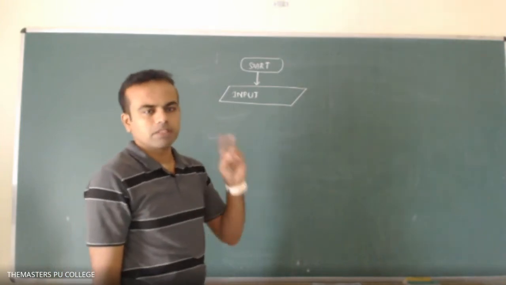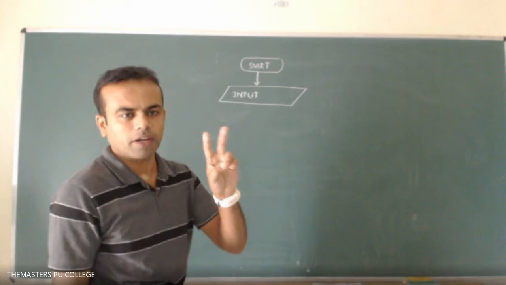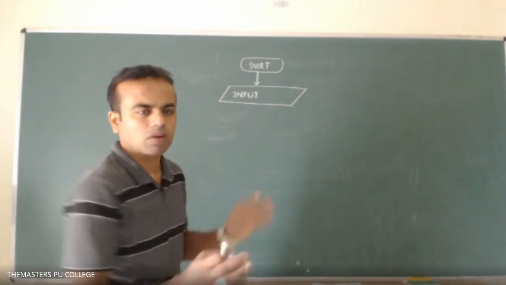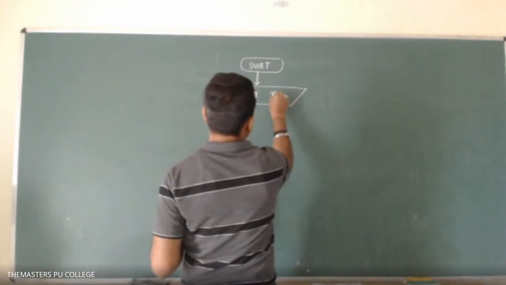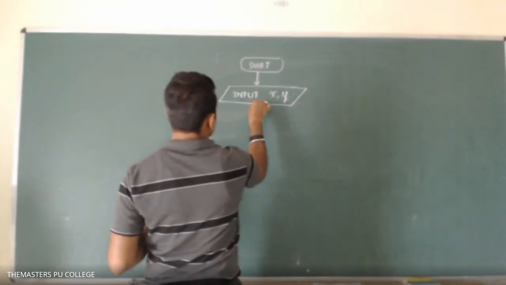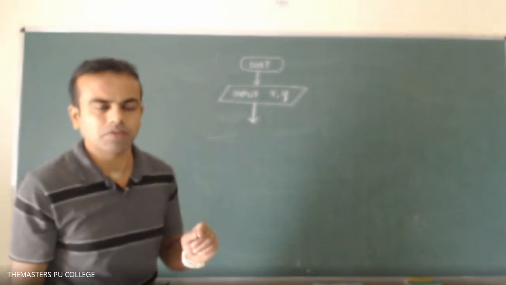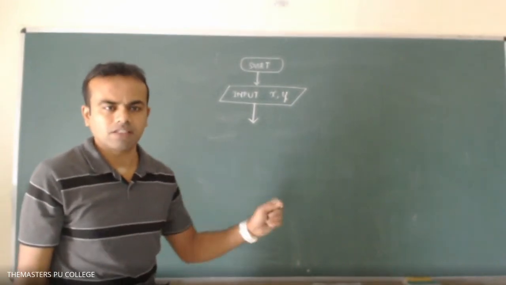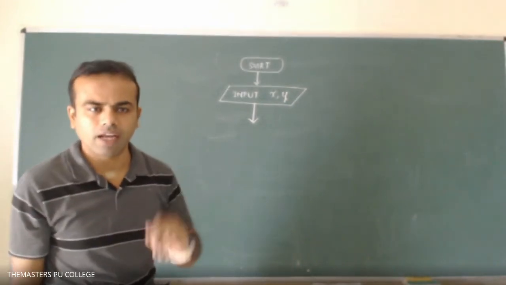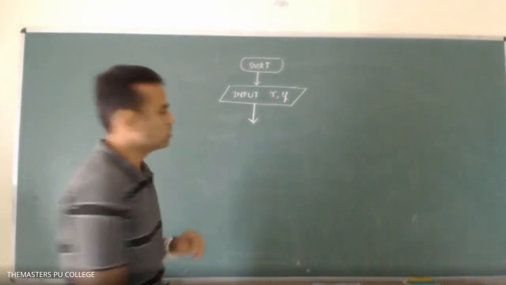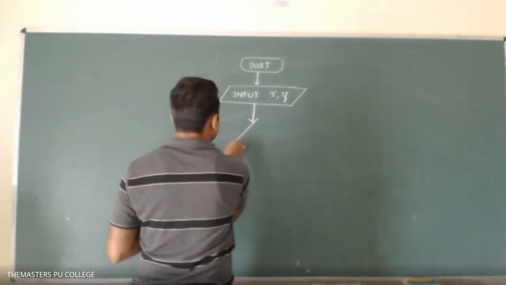Biggest of two numbers requires two variables: a, b, x, y, p, q, whatever. I will take x and then y. Input x and y. Right here it is not a process, it is decision making. We need to identify whether x is greater than y or y is greater than x. No need to write two conditions, I will write only one condition here.